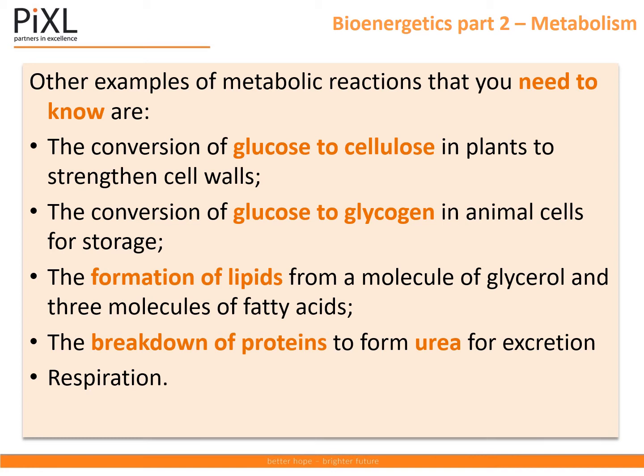So: conversion of glucose into cellulose in plants, the conversion of glucose to glycogen in animal cells, and we use that glycogen as a storage as we do not have starch, making lipids or fats from glycerol and fatty acids, and also breaking down excess protein to make urea for excretion.